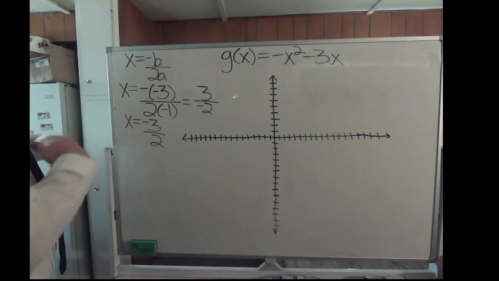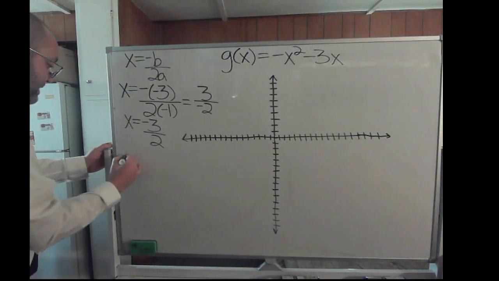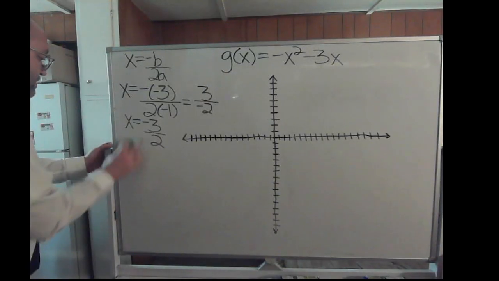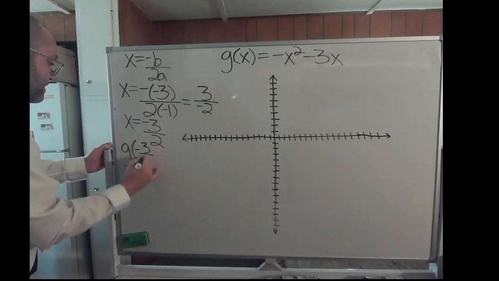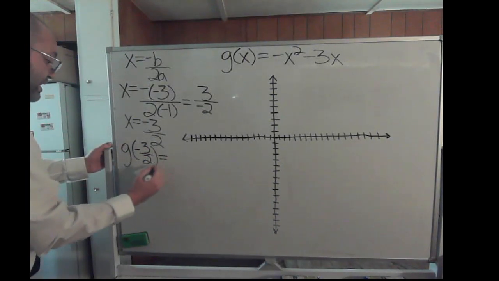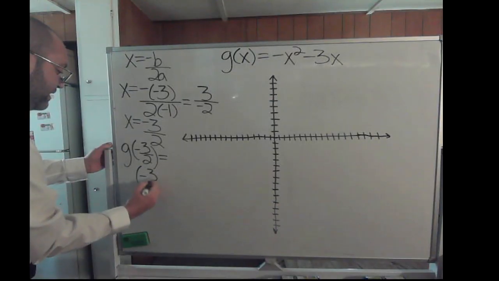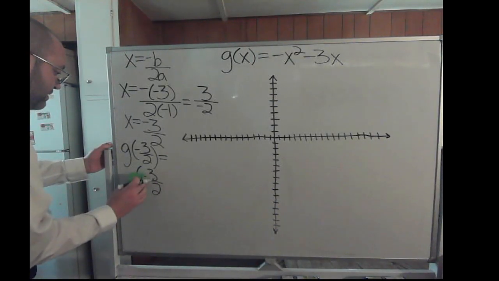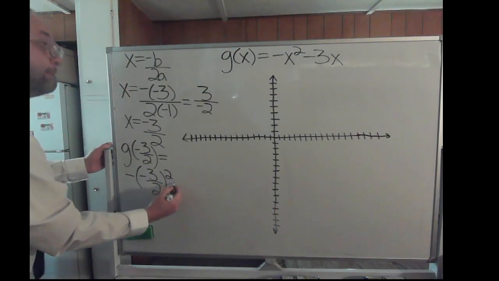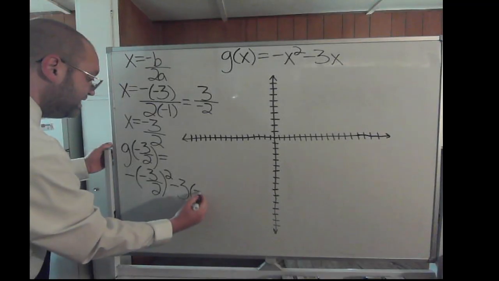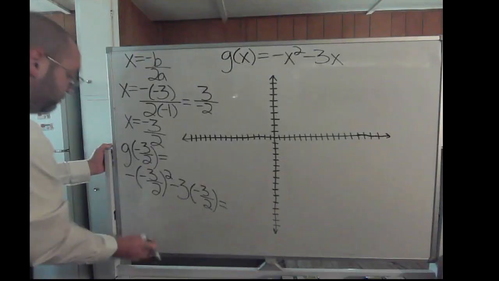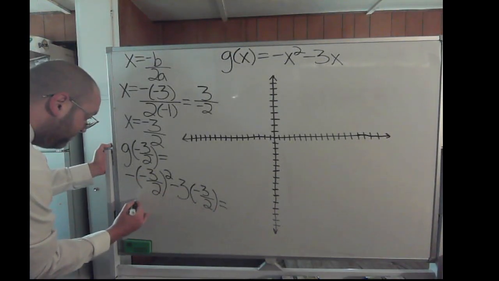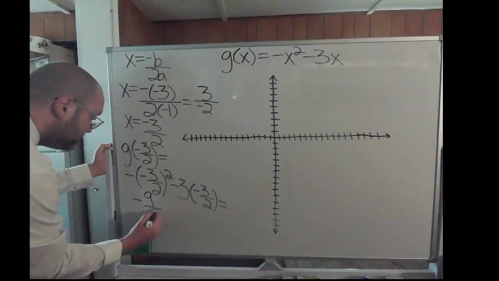Now, we need to find the y coordinate. What you're going to do is put that x value into the function. So I would have g of -3/2, which is going to equal the negative of -3/2 to the second power minus 3 times -3/2. Well, negative of -3/2 to the second power, that gives me -9/4.